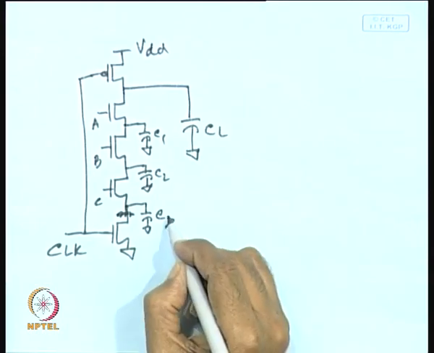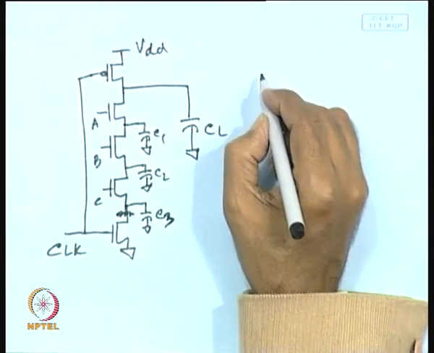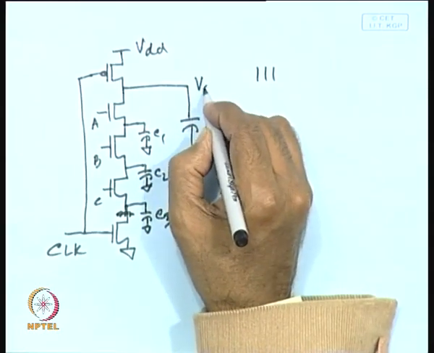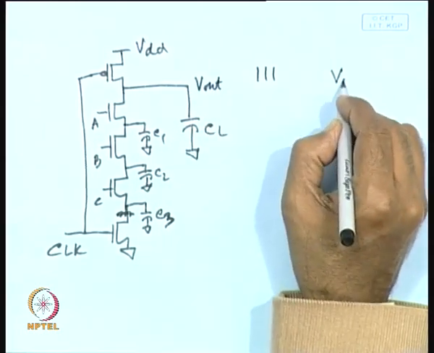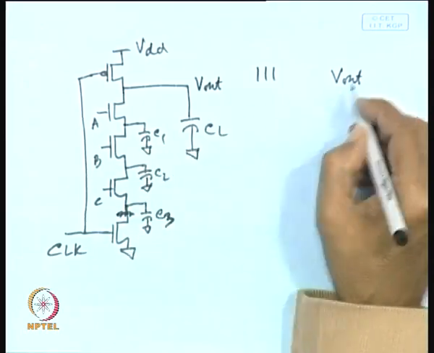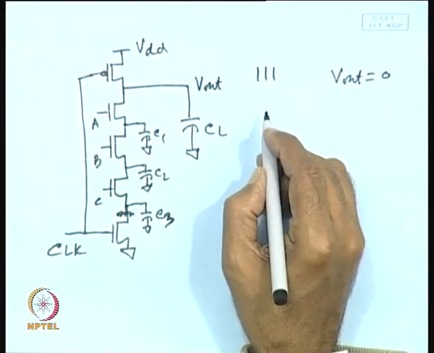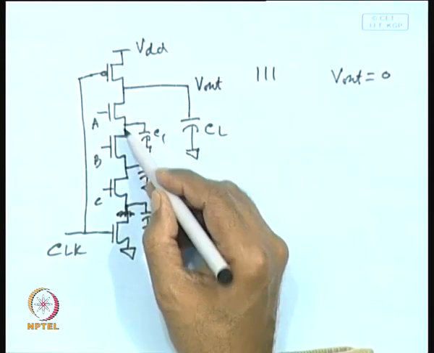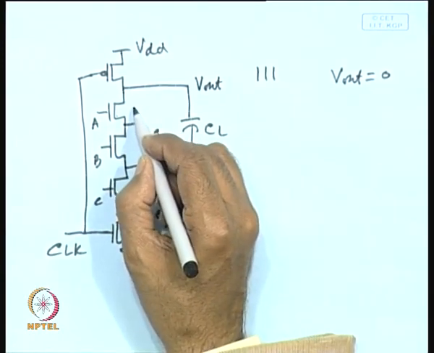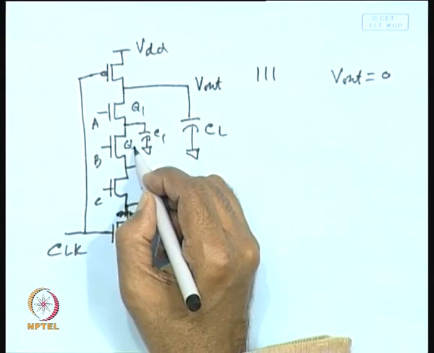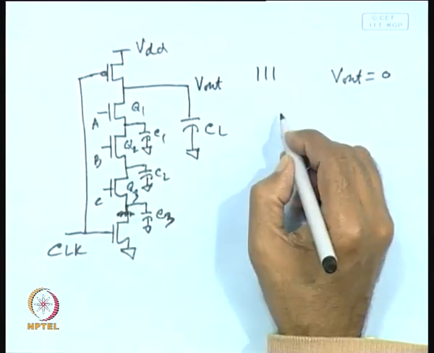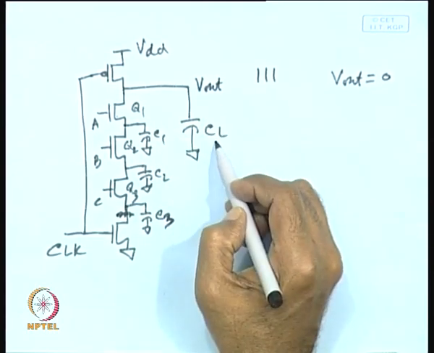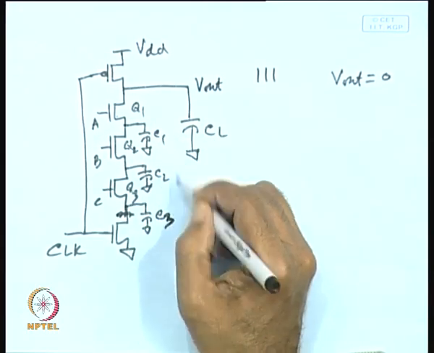Initially you have applied the input 111, so Vout is 0. Since the transistors, let me name them Q1, Q2 and Q3, are all on, all these capacitors will be discharged, not only CL, but C1, C2 and C3 all will be discharged.